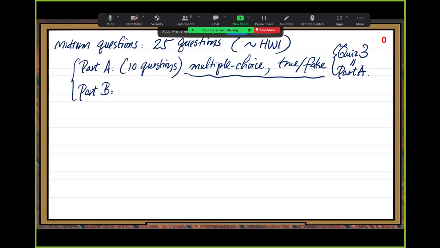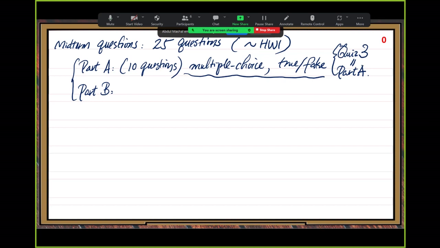So I count it twice: quiz 3 counted once, then in the midterm I copy the same score from your quiz 3 into part A. That's for the two types, multiple choice and true and false.